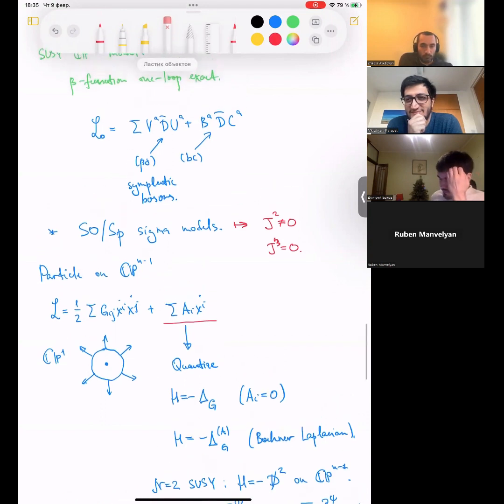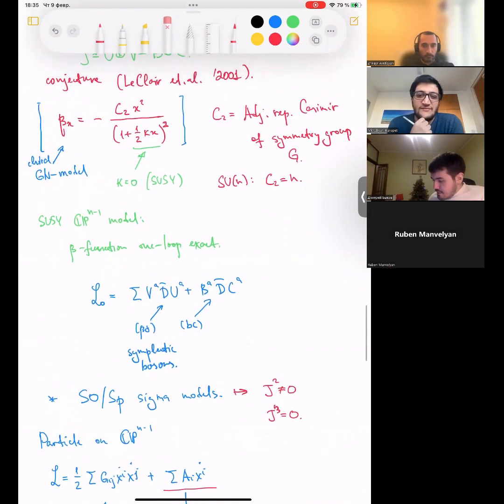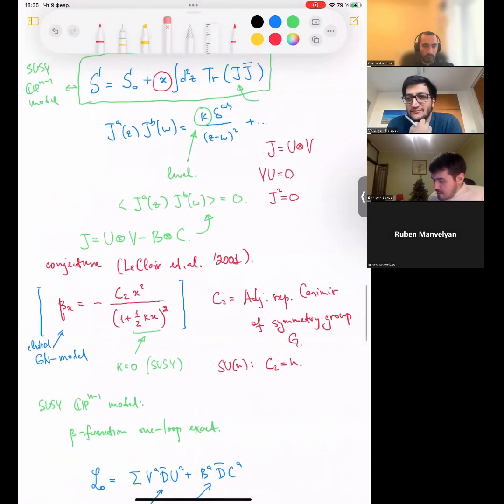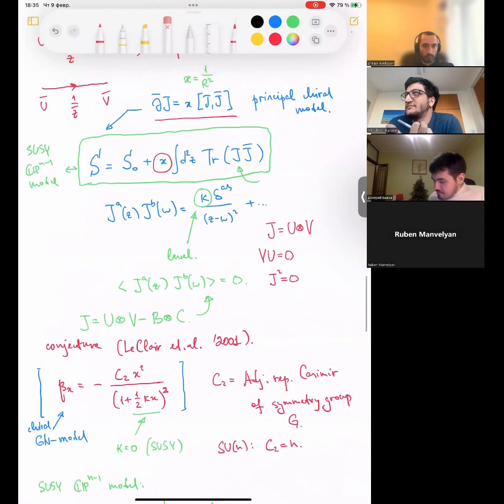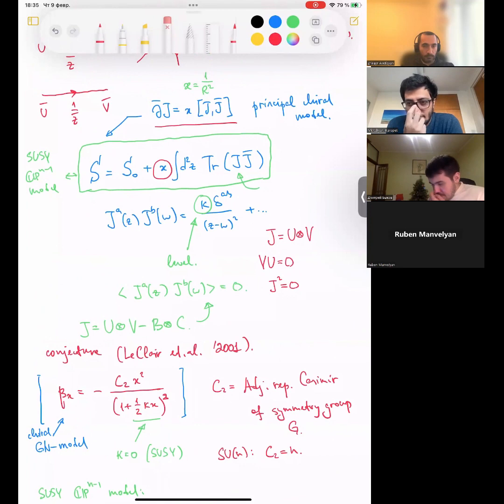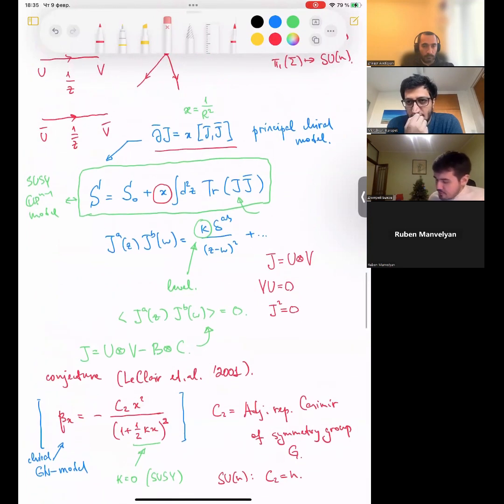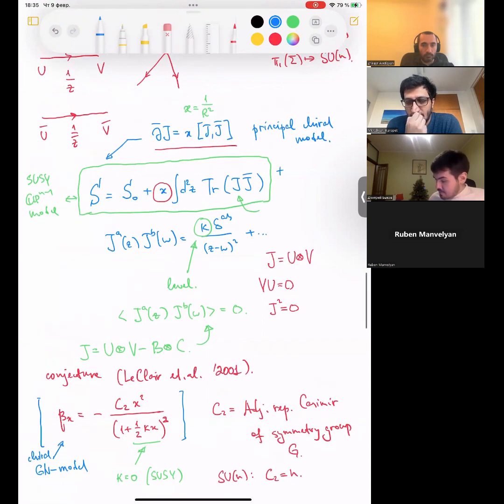In general, there is an idea that yes, maybe. So maybe this is not the full story. It's true that you can also add terms changing the complex structure, like kappa tilde trace J squared, let's say, plus kappa tilde bar trace J bar squared.